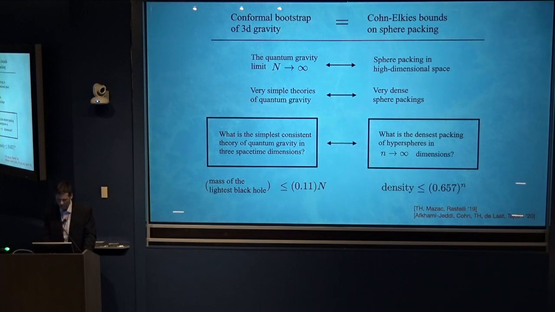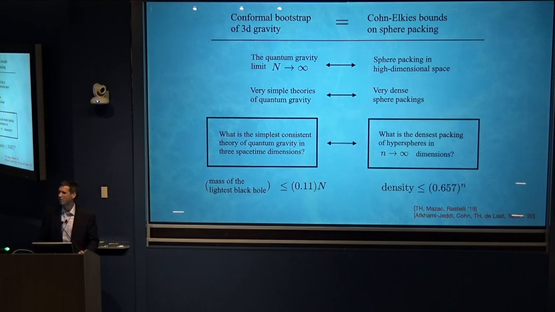So this has been great fun, because now we're working closely with mathematicians to try to push this program further. They have, in some sense at least, been studying this problem for 400 years. We've only been doing the bootstrap for, well, 50 years or 10 years, depending on how you count. So we have a lot to learn from them.